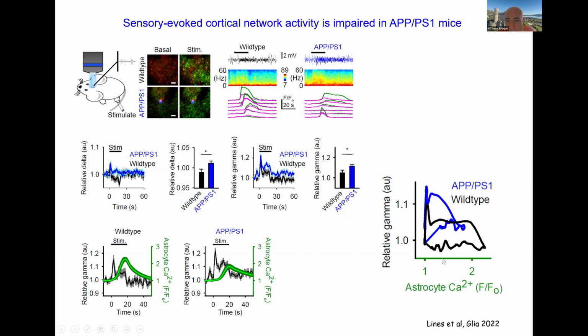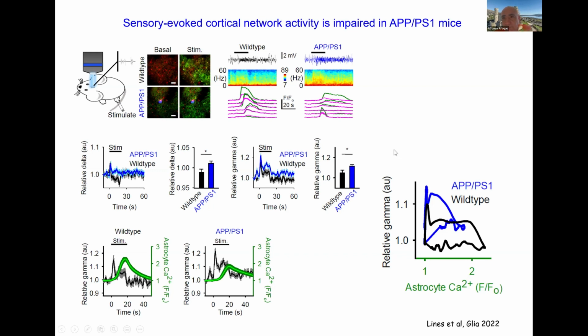adaptation. And you can observe here how disrupted this pattern is in the APPPS1. We have a huge increase in the gamma activity, the reduction, and then less adaptation, completely disrupted. So this hysteresis loop that reflects the astrocyte neuroglial network interaction is disrupted in these animal models of Alzheimer's disease.